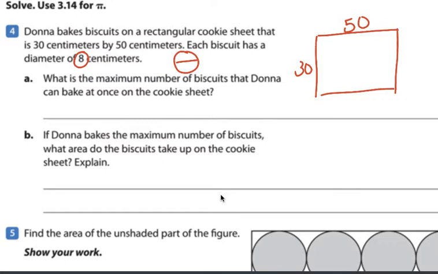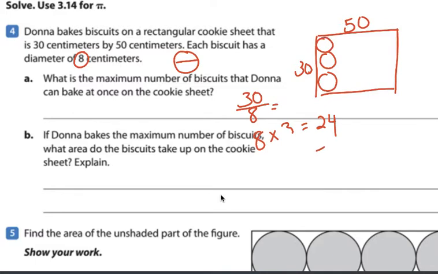Well, if you've got 30, you need to divide 30 by 8 centimeters to see how many biscuits I can put on that end. 8 times 3 is the closest you can get, because 8 times 3 is 24. So I can put 3 biscuits this way.